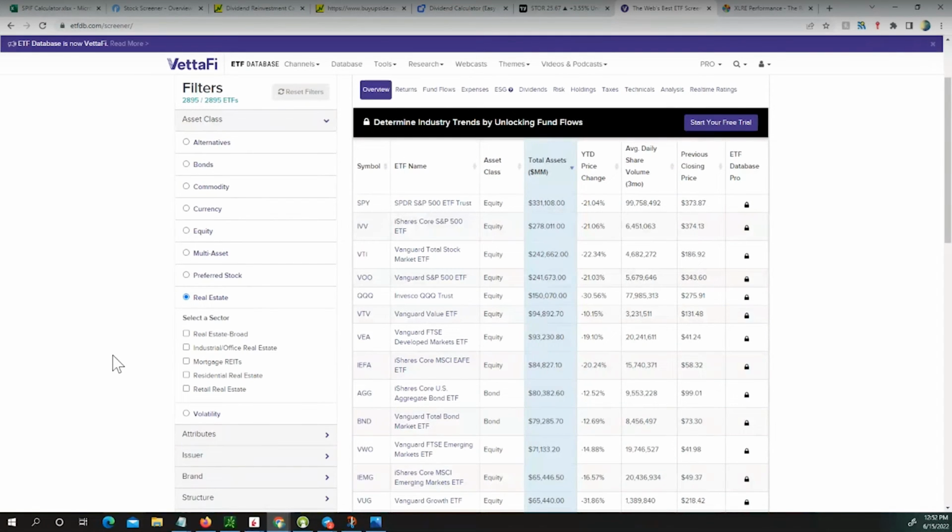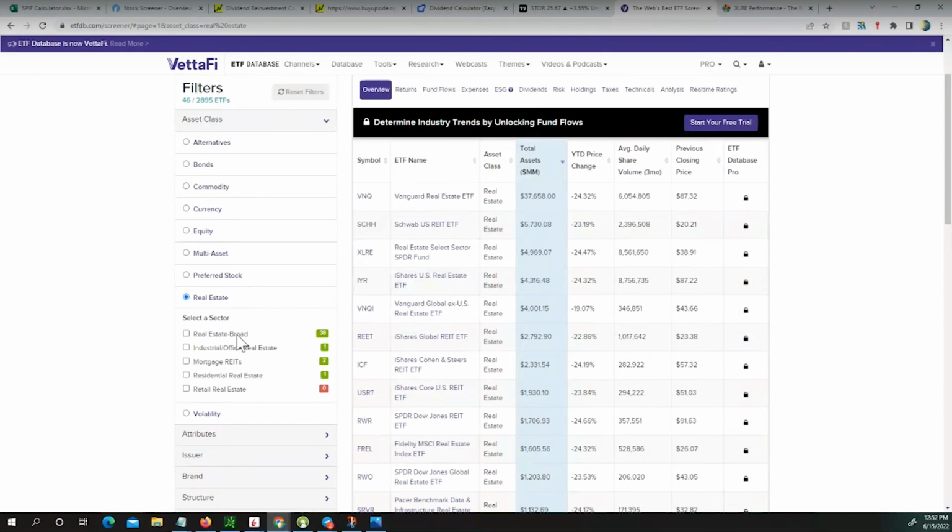So that way you just get exactly what you're looking for. We can also filter within real estate. Do you want the broad, which is diversified, or do you just want industrial and office, or do you want mortgage REITs, or residential REITs, or retail REITs?